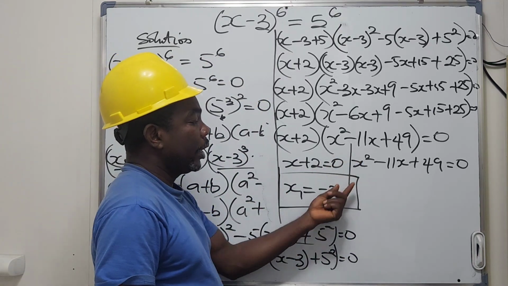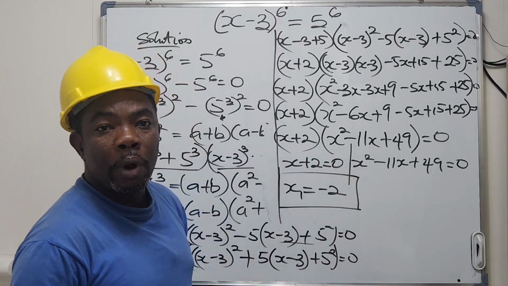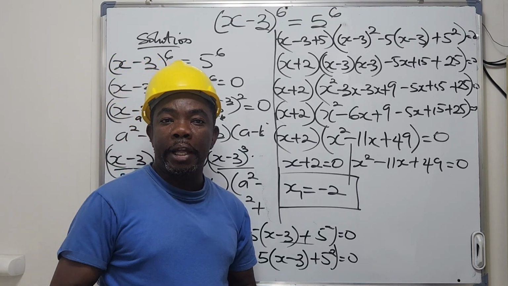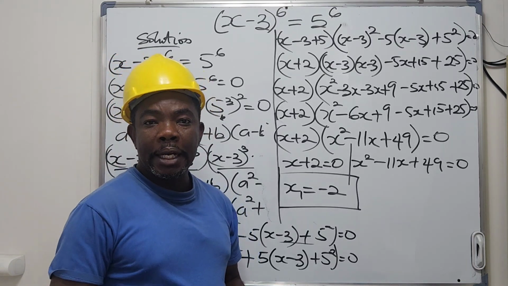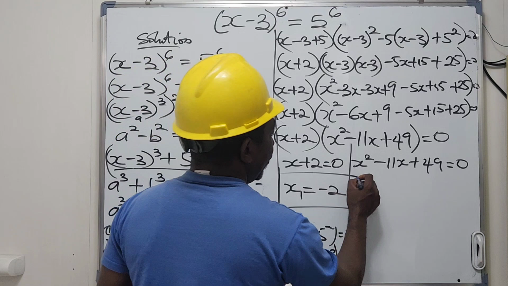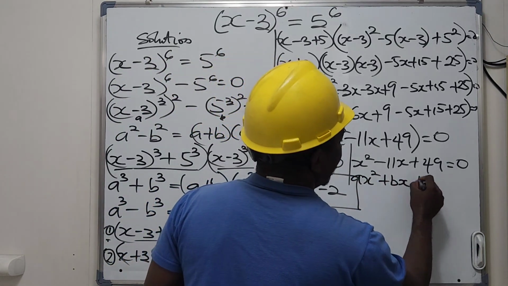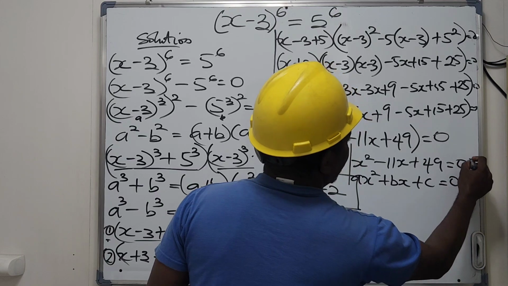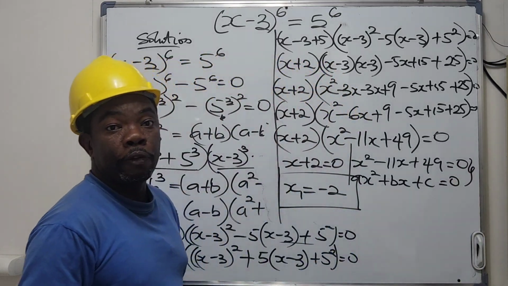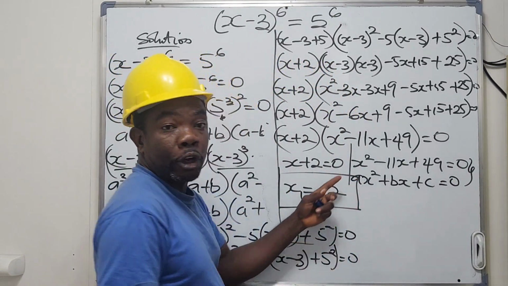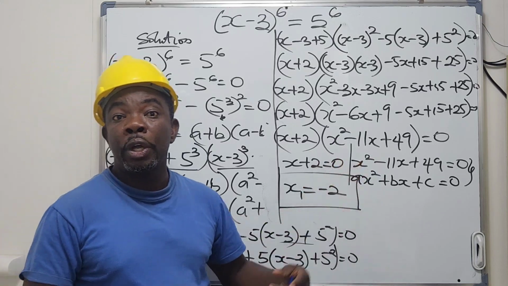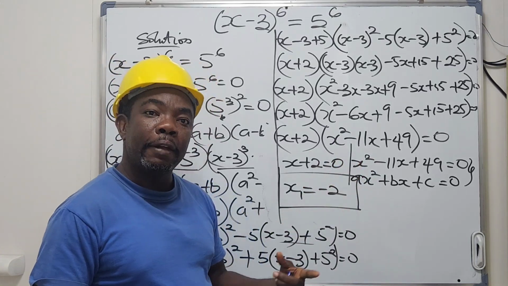So the second one is a quadratic equation. What we are going to do is find the value of x by comparing it with the standard quadratic equation, which is in the form ax to the power of 2 plus bx plus c equals to 0. We want to use the quadratic formula to find the value of x.